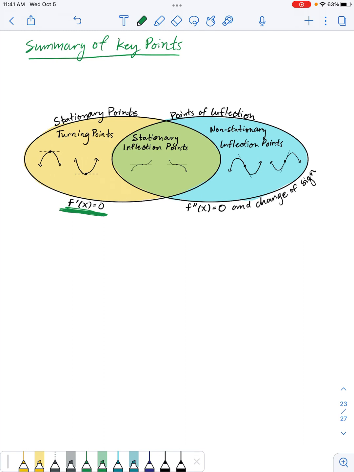So for all points of inflection, everything in the blue bubble, the overlapping part included, the second derivative is 0, and there's a change of sign. But for stationary inflection points, the first derivative is also equal to 0, whereas for non-stationary points of inflection, the first derivative is not equal to 0.